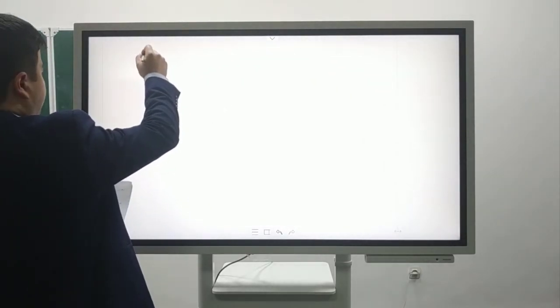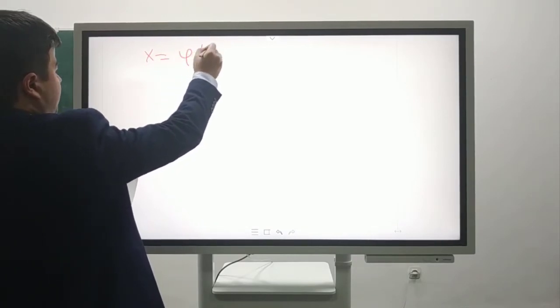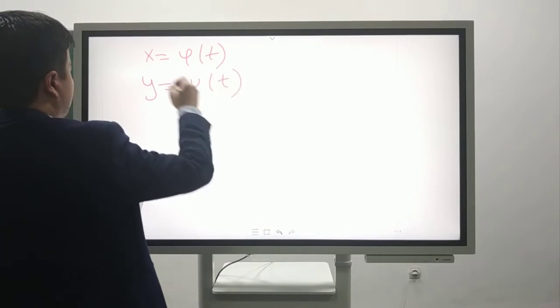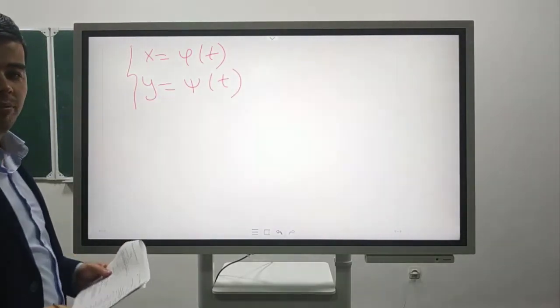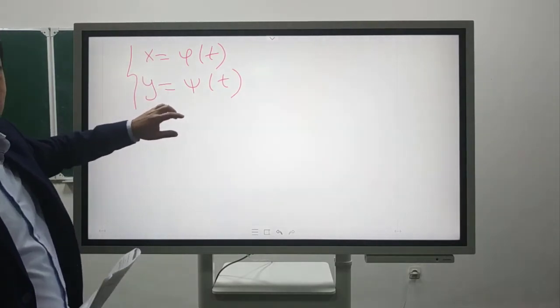So, the derivatives of functions represented parametrically. For example, if we consider two functions again, x as phi of t and y as psi of t. Here we have parameter t. So our function is represented parametrically.